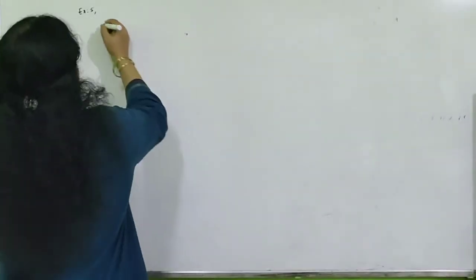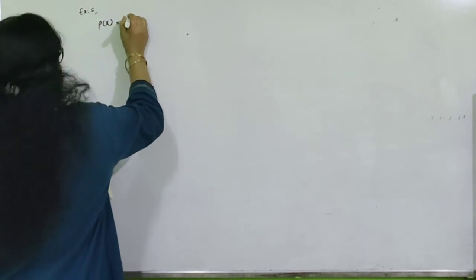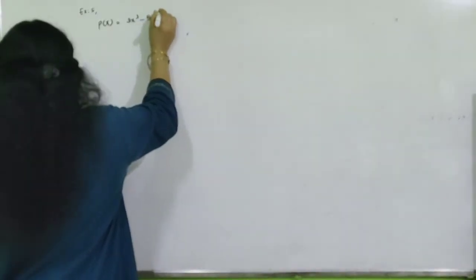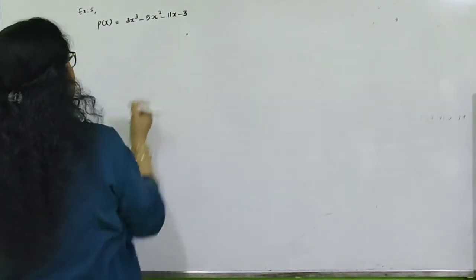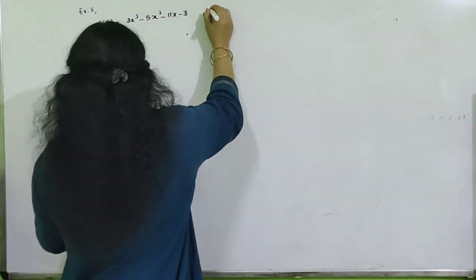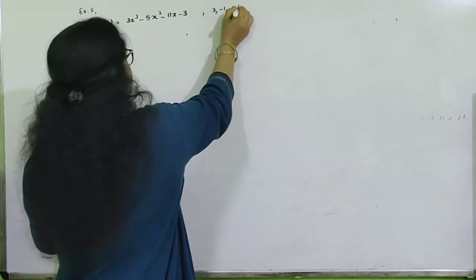Given that p of x equals 3x cube minus 5x square minus 11x minus 3, we have to verify that 3, minus 1, minus 1 by 3 are zeros.